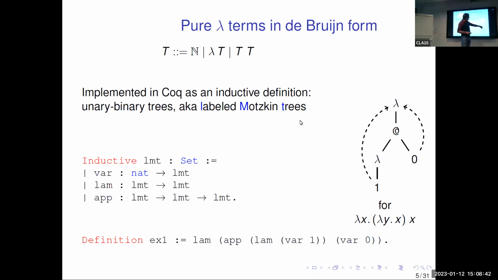So 1 means that this variable is bound to the uppermost lambda, and 0 is the same here. This can be described by saying, okay, it starts with a lambda, and then it has an application. On the left side of the application, we have a lambda with a variable, which is number 1, which says that it's bound to the topmost lambda. And then on the other side, we have just 0.